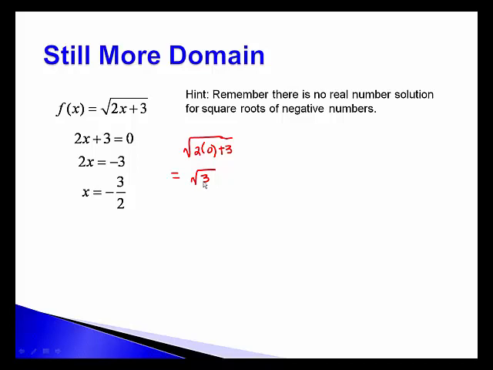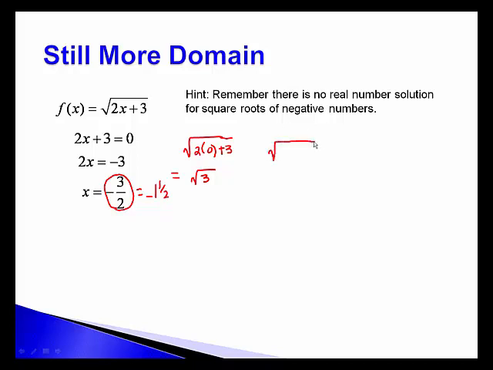Well, what happens if we take numbers that are smaller than negative 3/2? For instance, negative 2. Let me remind you that negative 3/2 is nothing more than a negative 1.5. So that may help you in remembering what's larger than that and what's smaller than that. So if we're looking for a number that is smaller than a negative 1.5, let's move to a negative 2 and look at it.